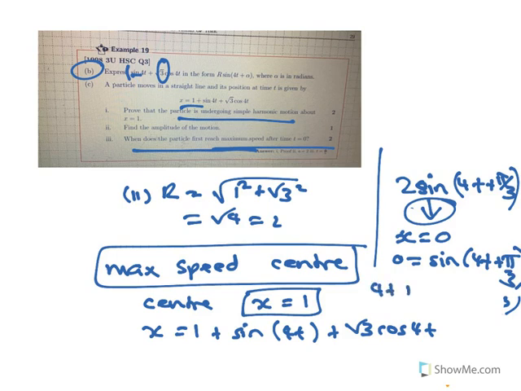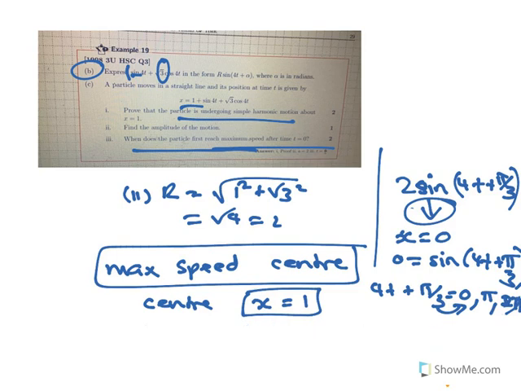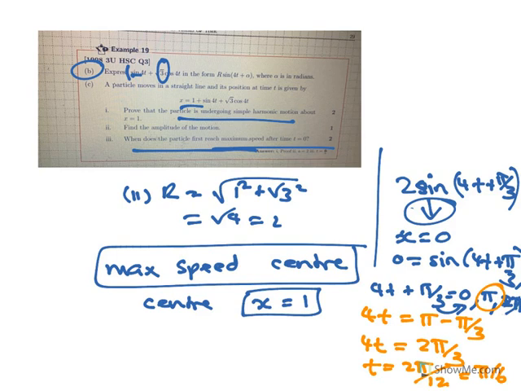That means that 4t plus pi on 3 equals 0, and we're also going to have to go with pi, because if we just do the 0 one, it's going to give you a negative time. So you go 4t equals pi minus pi on 3. 4t equals 2 pi on 3. t equals 2 pi on 12, which is pi on 6.